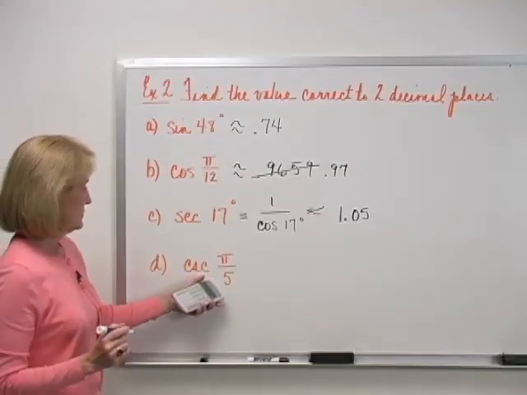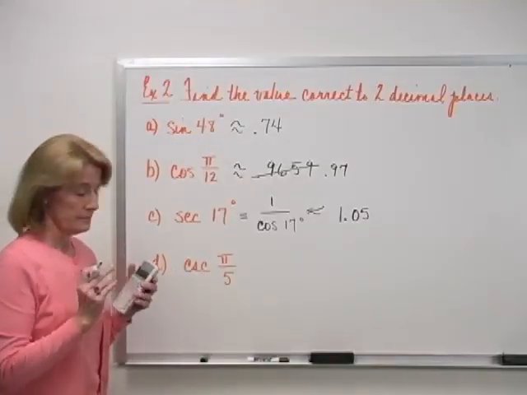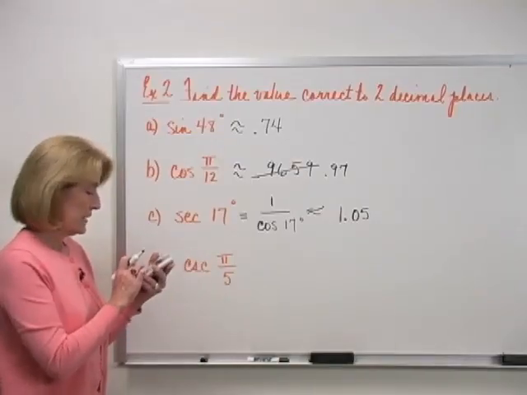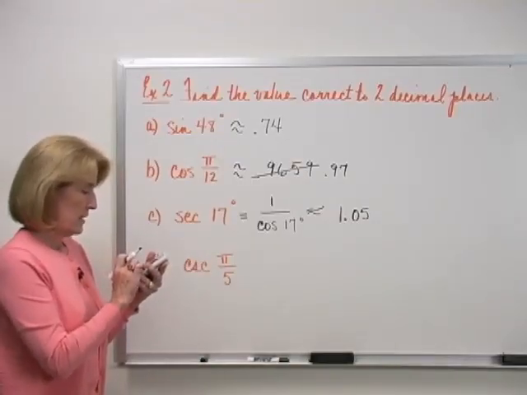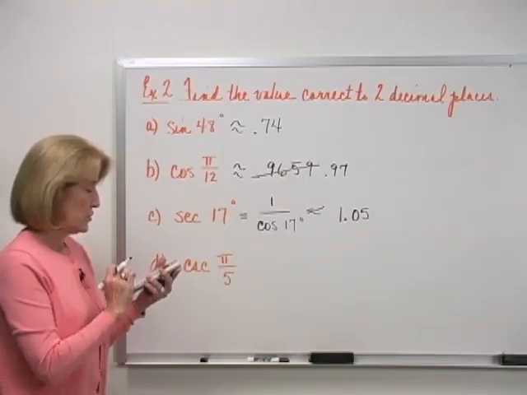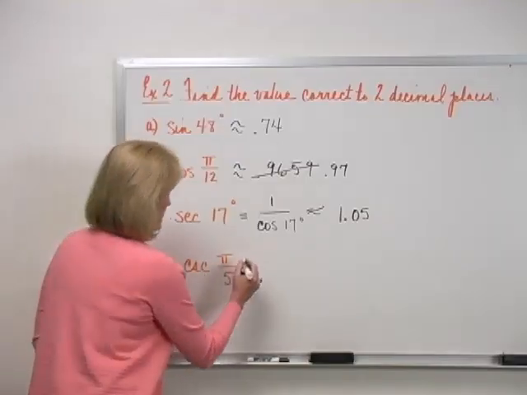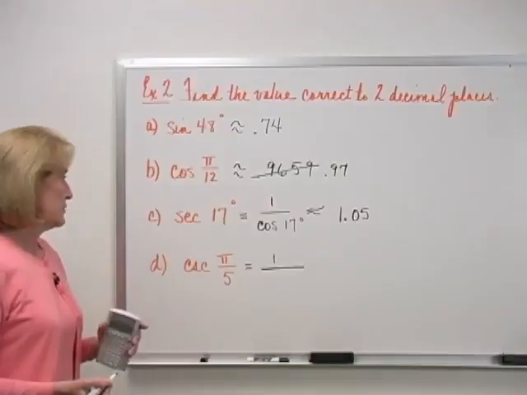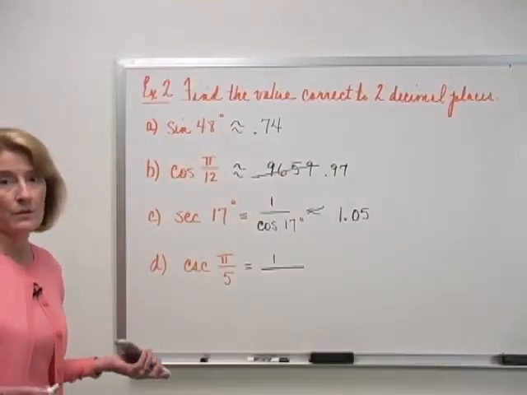Okay, what about this one? Mode, correct. So clear the calculator, go back to radian mode, enter. The cosecant is 1 over, and I have to rewrite this in terms of either sine, cosine, or tangent. And what is it?